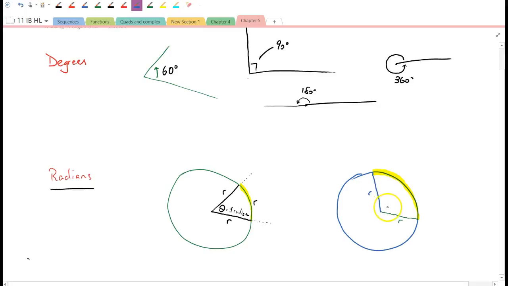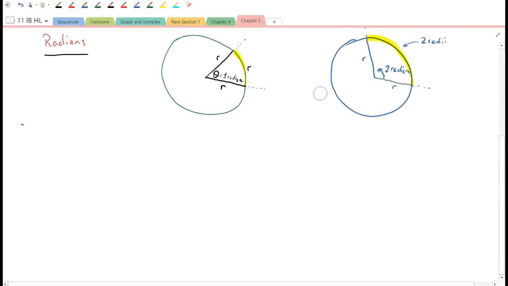Then this angle here, because this is equal to 2 radii in length, this angle in radians would equal 2 radians, because it subtends, it chops off an arc length of 2 radii. So that's the definition of a radian. That's what it is. It subtends an arc length of 1 radius.